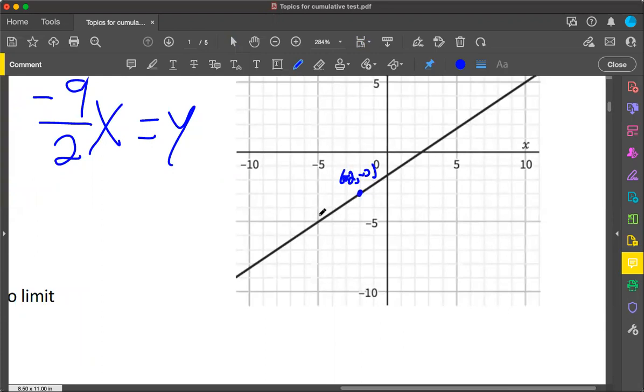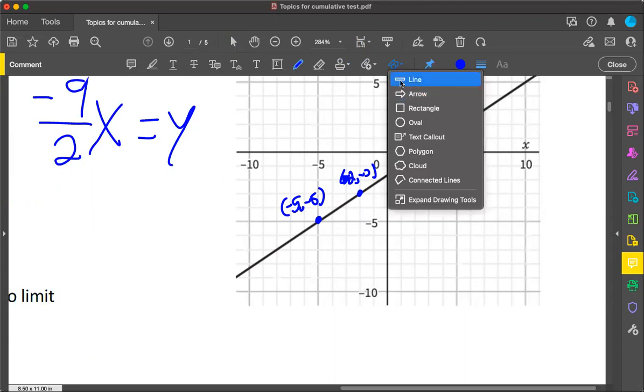You could also acknowledge this point here, -5, -5, which actually you could keep as is, as for the inverse, so you don't have to switch this one. So once you have 2 points, again, we have this one here at -3, -2, because we switched this one around. Just make the line.